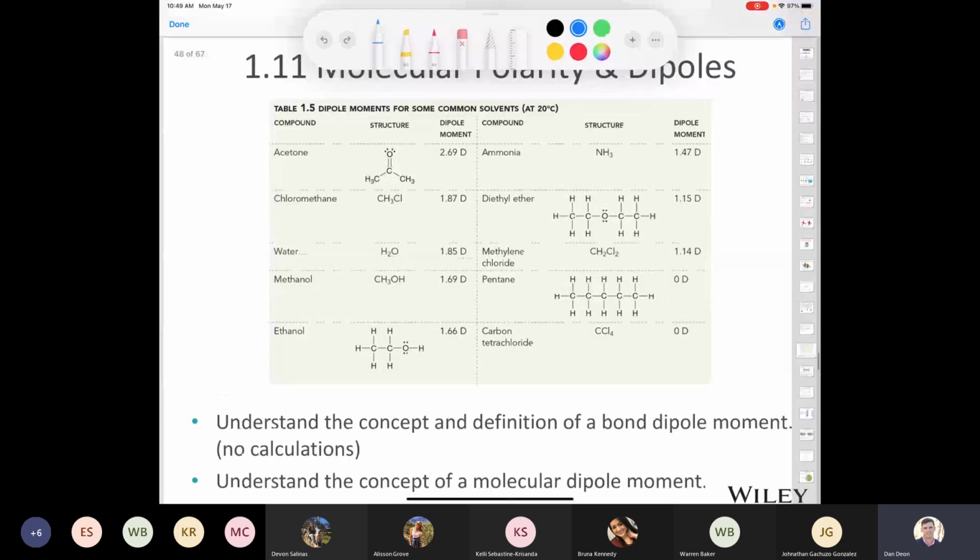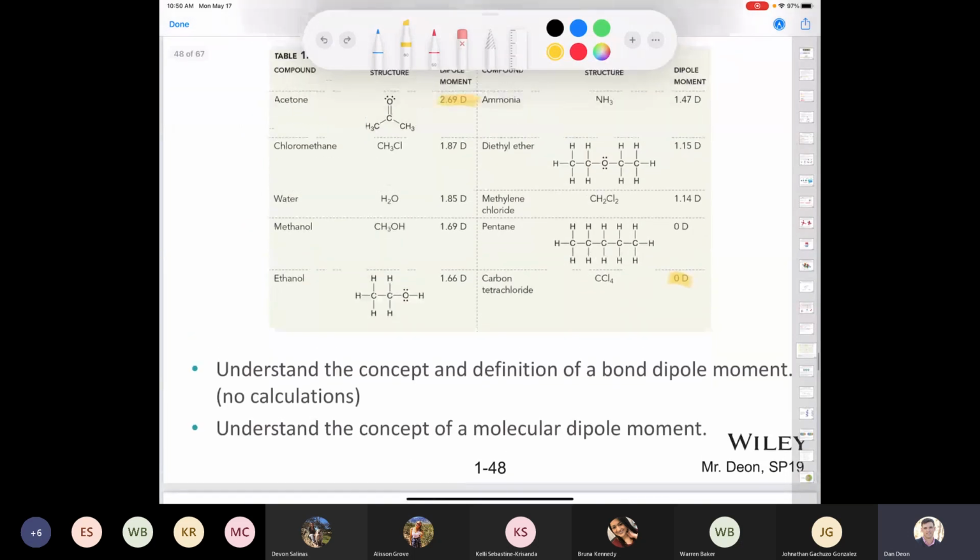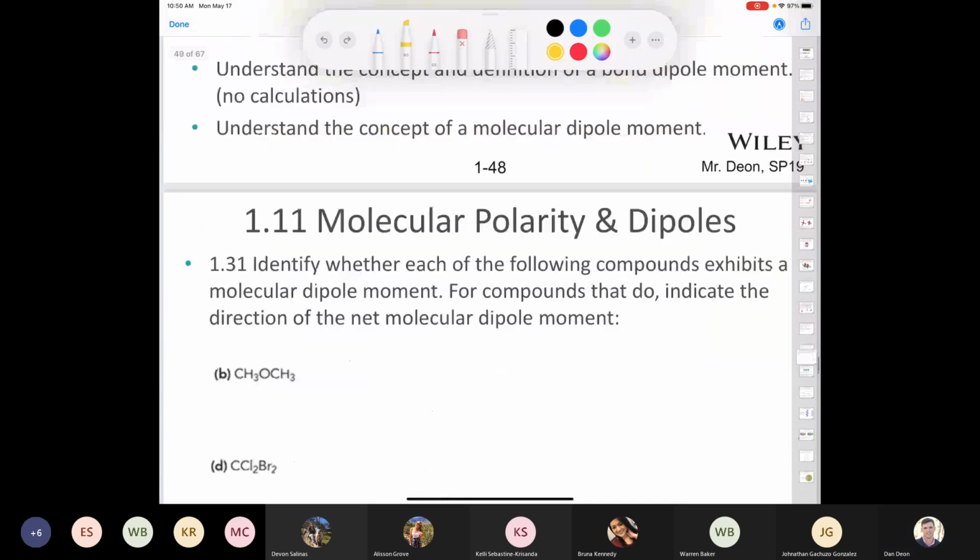So you have, let's say, 2.69 debye for acetone, and you have 0 debye for carbon tetrachloride. The higher the dipole moment, the more polar the molecule. So you can see that polarity is increasing as we go from ethanol to methanol to water to chloromethane, all the way up to acetone. That's really all you have to know about that. Again, no calculations will be asked.